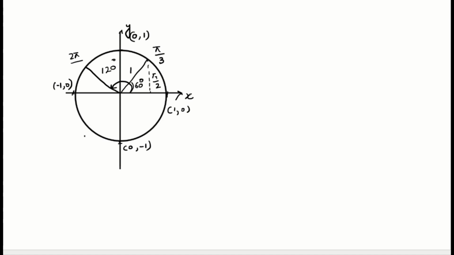So we are dealing here with the case of sine x is equal to square root 3 over 2. So here it is quadrant 1, quadrant 2, quadrant 3, and quadrant 4.